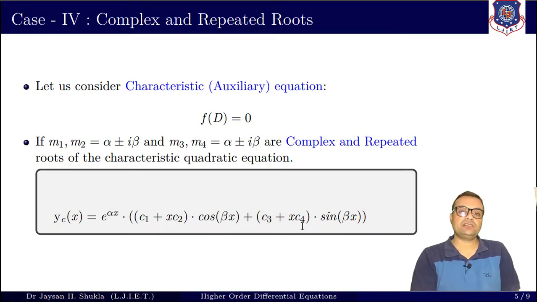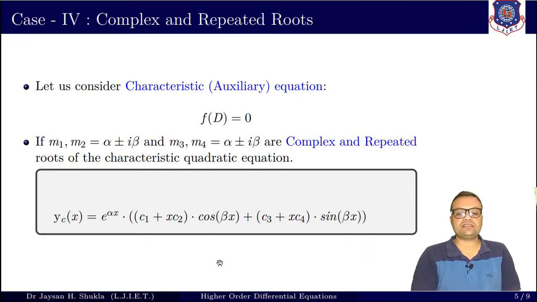So remember, if there are complex roots, there will be an exponential function as well as a trigonometric function. And if your roots are repeated, we need to club the constants. Again you can see clearly that for 4 roots, there are 4 arbitrary constants. This is how we should remember the repeated complex roots case.